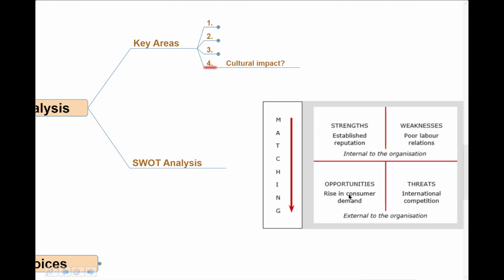And let's try to minimize our weaknesses, and if at all possible, avoid the threats that are in play. These areas, established reputation, international competition, are just examples of the types of things that you might include under this heading. Okay, let's move on from there.